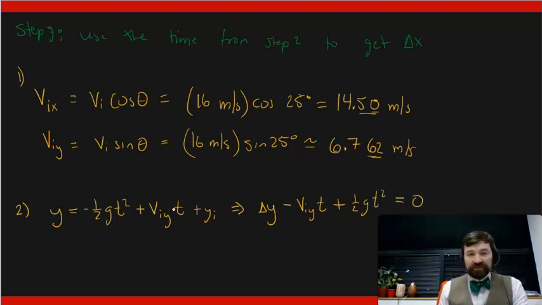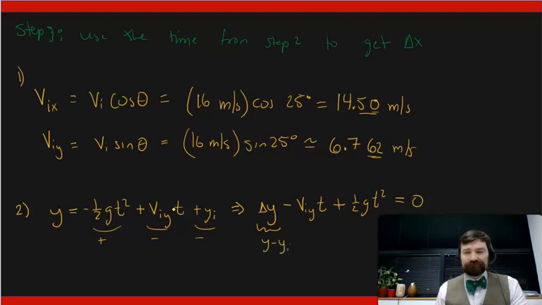So basically what I'm doing is adding to both sides this term, subtracting from both sides this term, and subtracting from both sides this last term. And so y minus y initial is delta y. So this right here is your y minus y initial term.